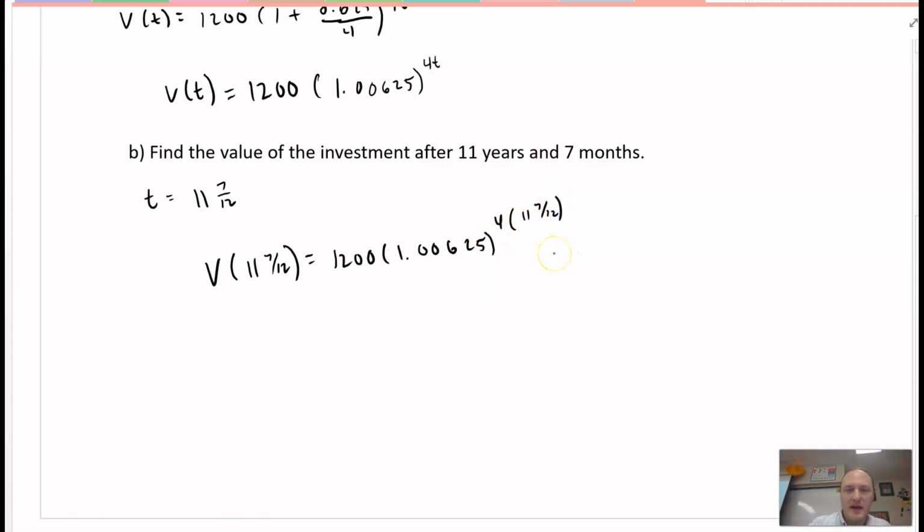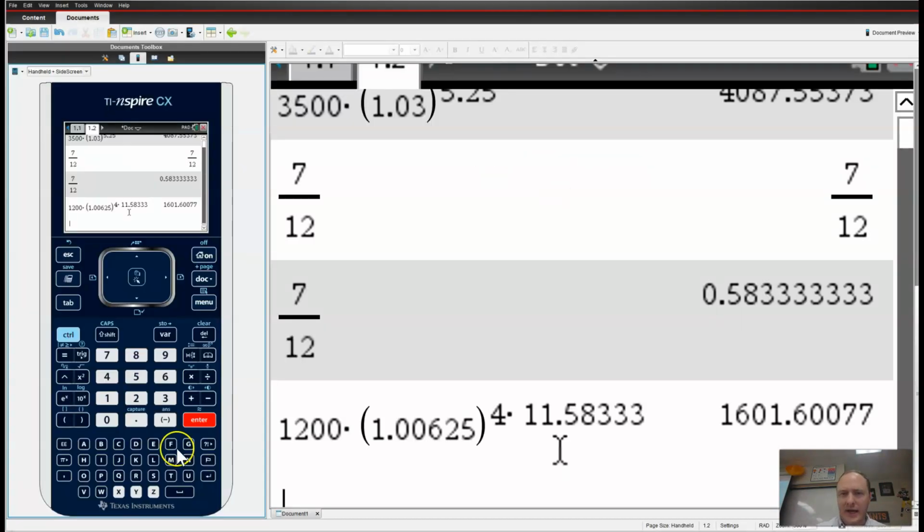Okay, so I'll go ahead and plug that into my calculator. Okay, and here's what we get. So our answer is $1,601.60.